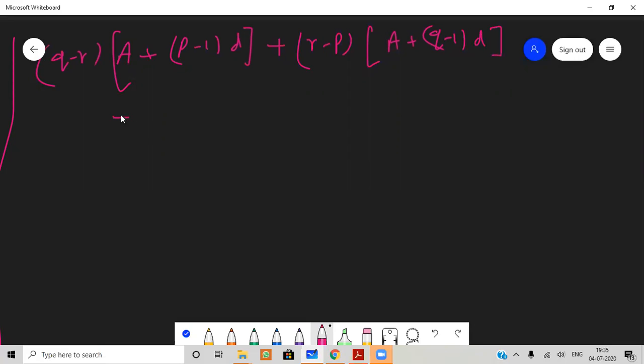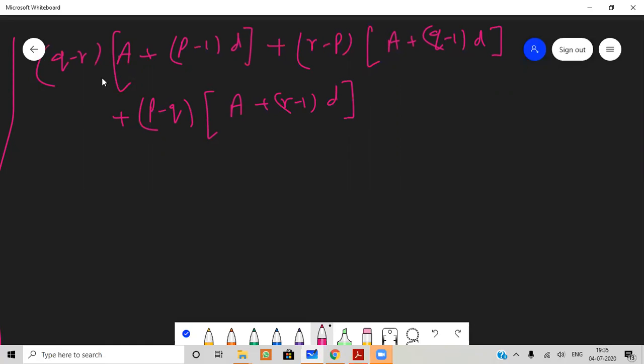And plus, the third thing is p minus q, and the term inside is Ar, so A plus r minus 1 into d.